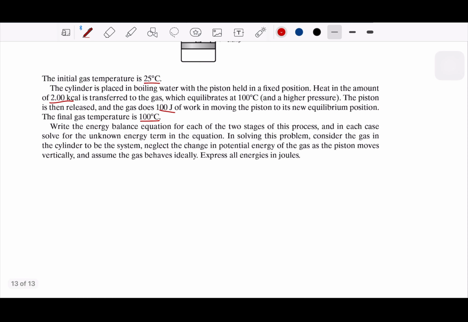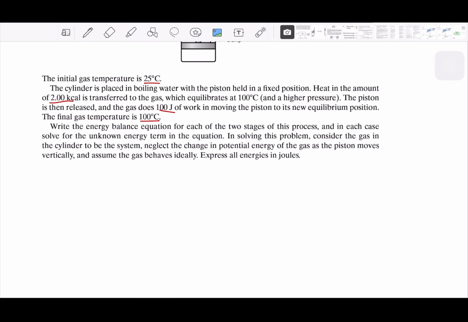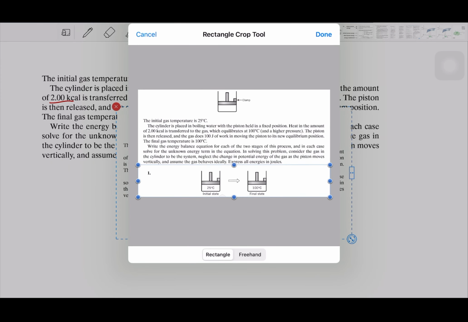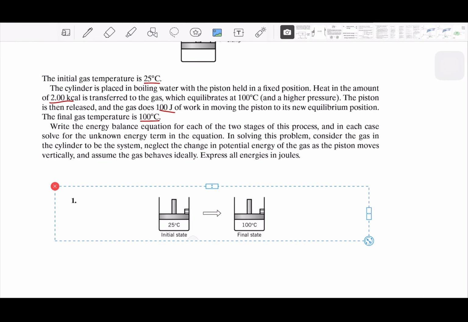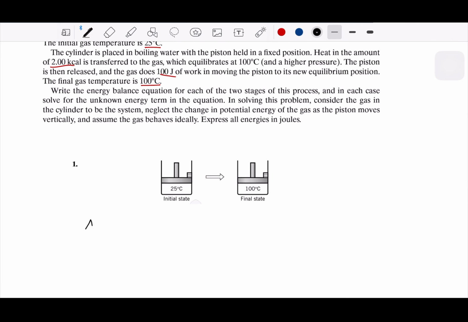So first we can see the initial and the final state: 25 becoming 100. And we can write down the formulations for the balance equation.